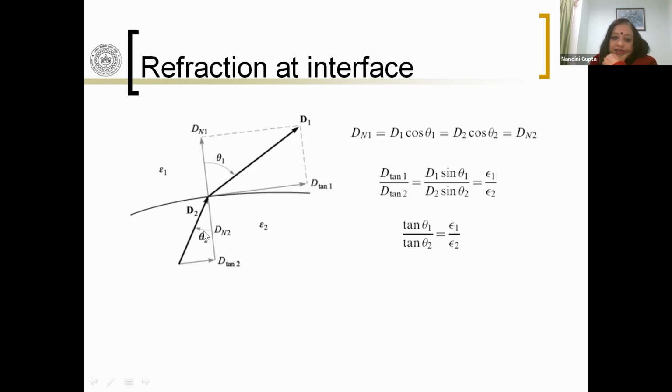The ratio of the two angles that the two flux lines make with the normal at the boundary, theta 1 by theta 2, is related to the permittivities of the two media. Tan theta 1 by tan theta 2 is equal to epsilon 1 by epsilon 2. This is also called Snell's law for refraction of electric flux lines, because it is absolutely analogous to the law of refraction of light at the interface between two media.